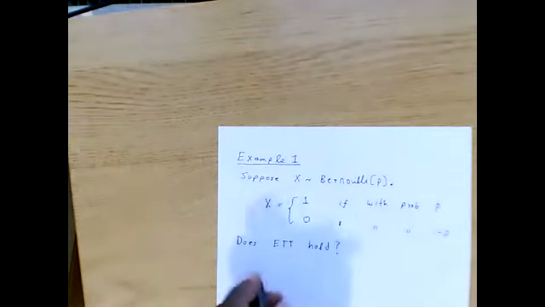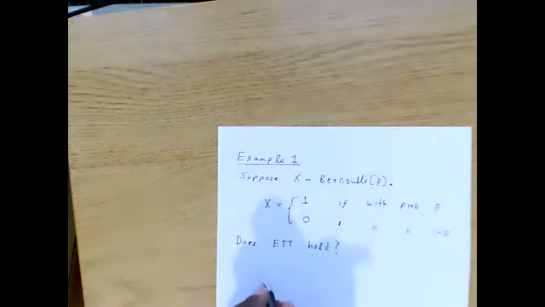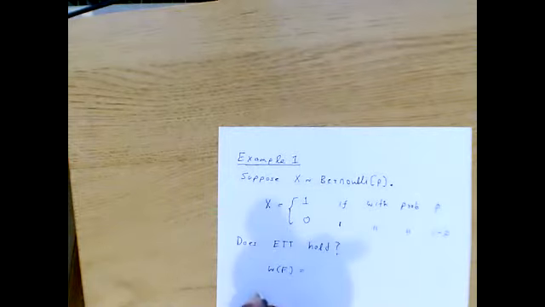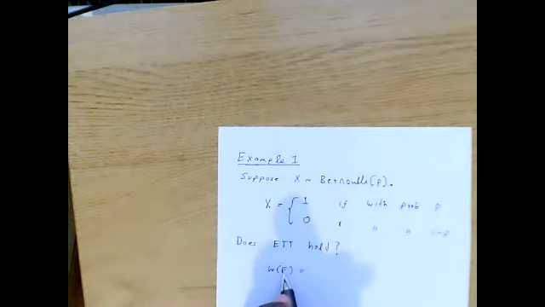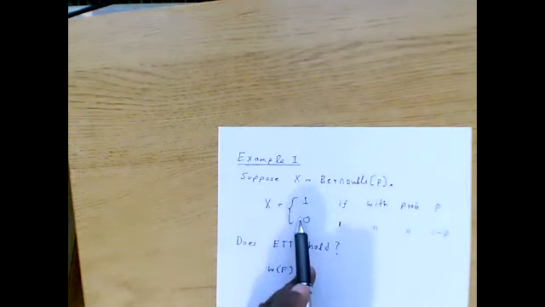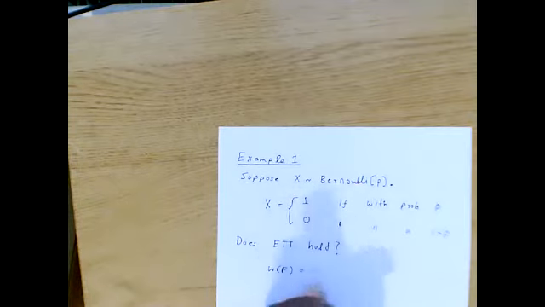To use that condition, first we need to figure out W(F). W(F), remember, is the largest of the x's for which the distribution is defined. In this case, the Bernoulli takes either value 1 or 0, and so the largest of the x's is equal to 1.